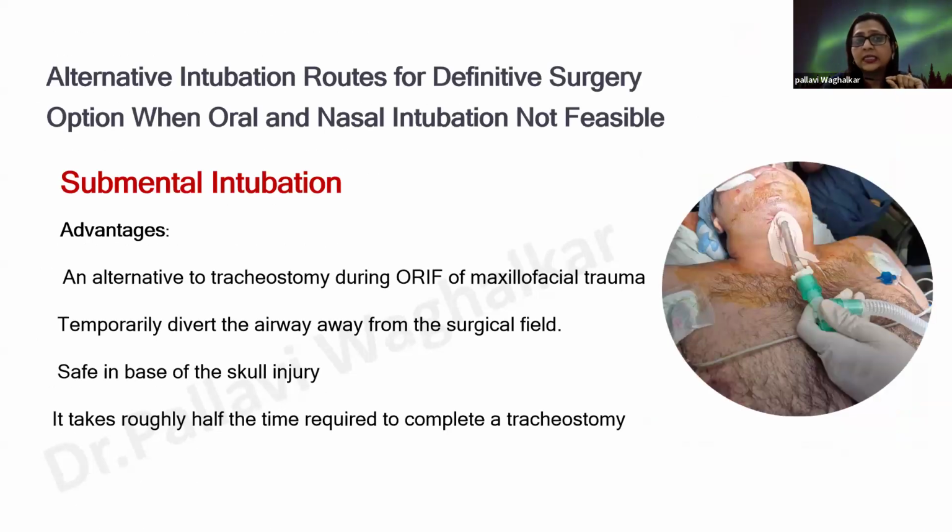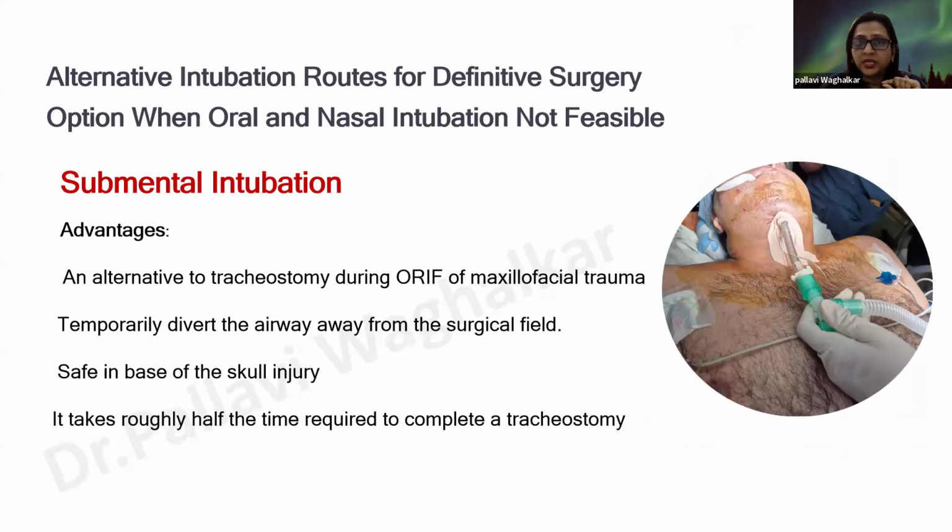Submental intubation is advantageous in cases where the retromolar space is inadequate, nasal intubation cannot be done, and a mandibular fracture is there. So why go ahead with tracheostomy, which is very invasive in these cases? The submental approach can be done, which will temporarily divert the airway from the surgical field.